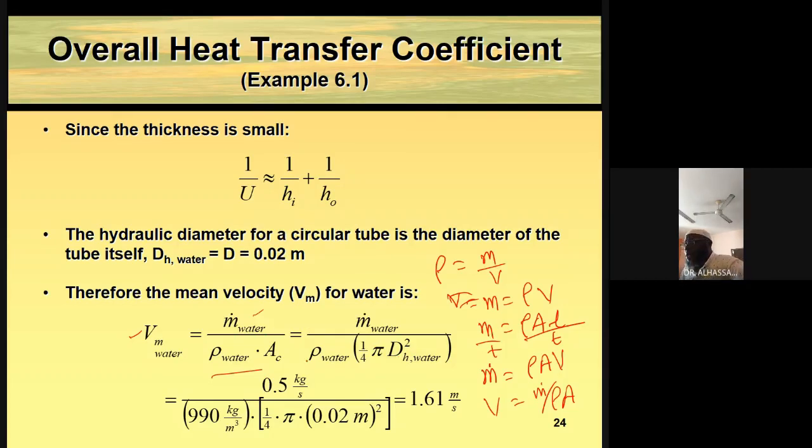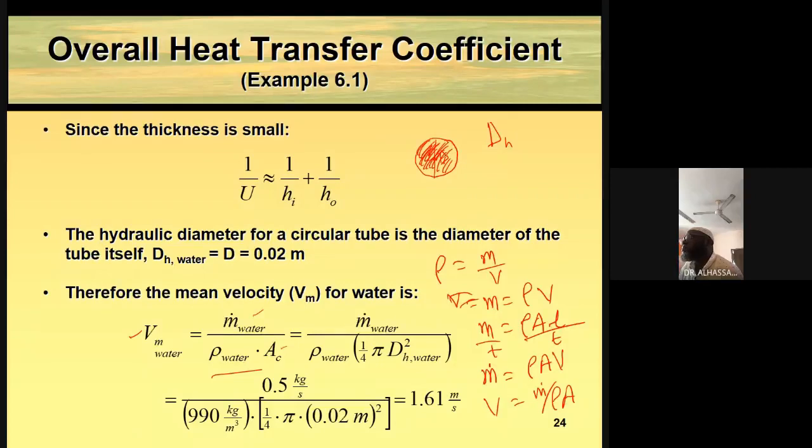Now, the area, be careful over here. This area is calculated with respect to the tube, if you have a tube like this. We are told that the hydraulic diameter is given by this, represented by D_H. The hydraulic diameter is the diameter of the pipe in which the fluid flows.